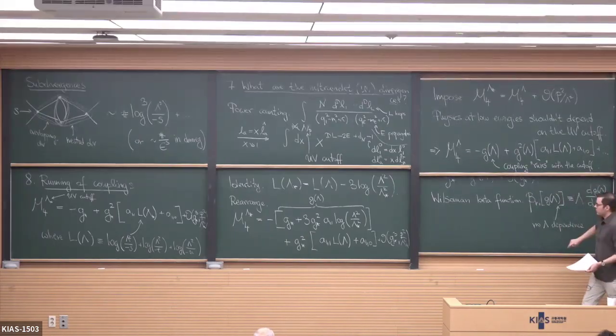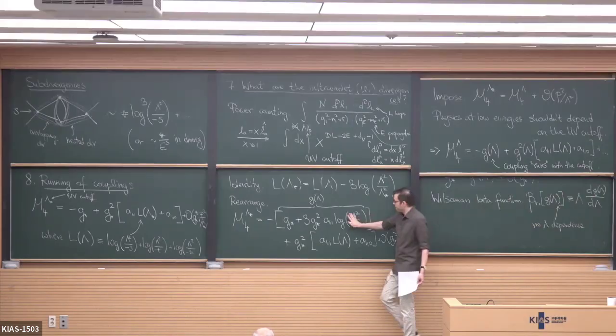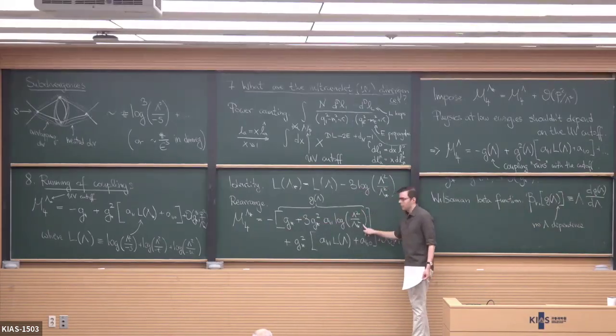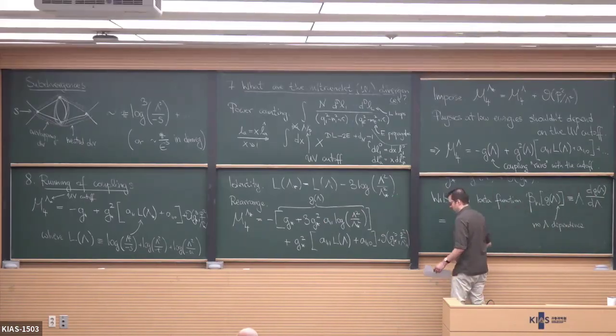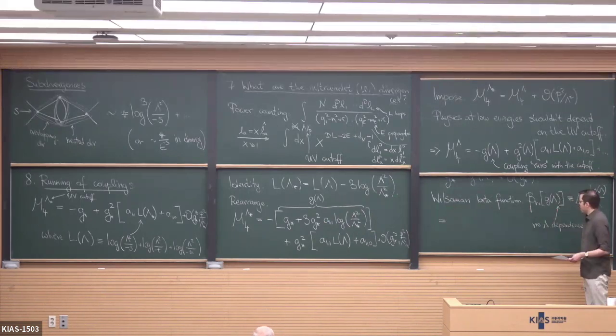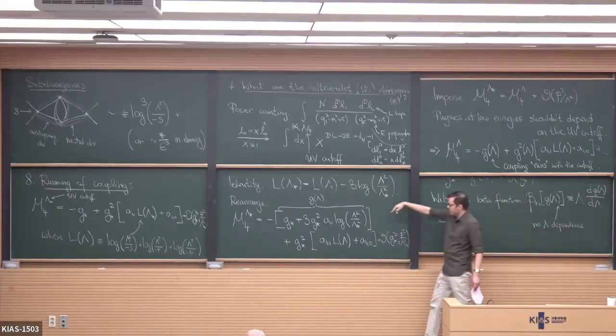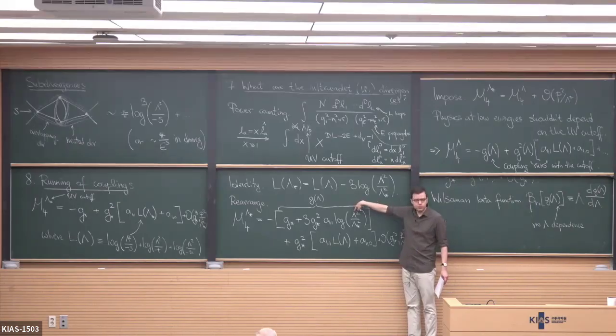Okay, so I can actually use my identity from here, this one in here, and I can plug it in. And this gives me the value of the Wilsonian beta function up to one loop. Okay, so you see that the only lambda dependence that enters explicitly is through here.